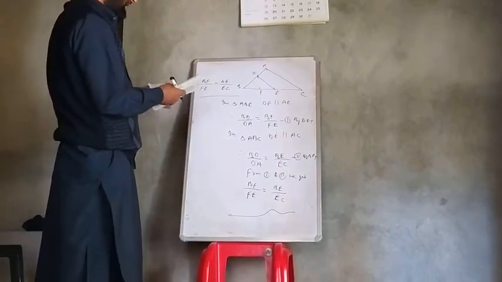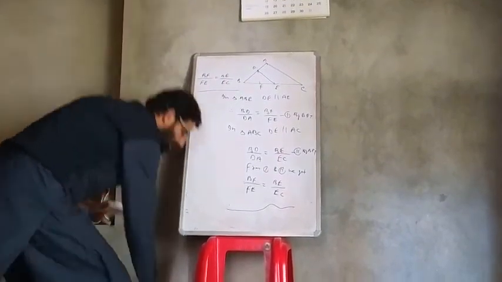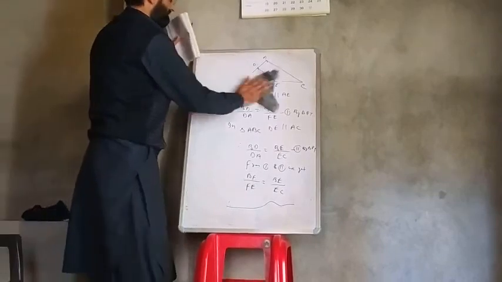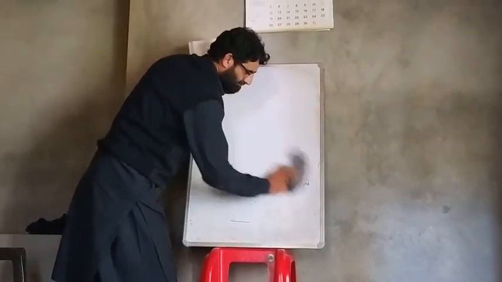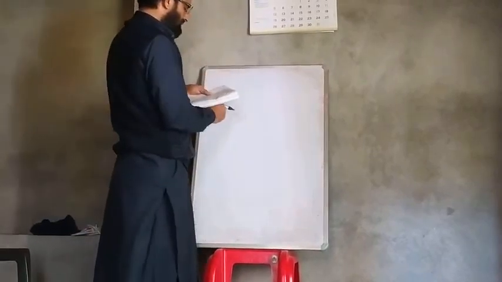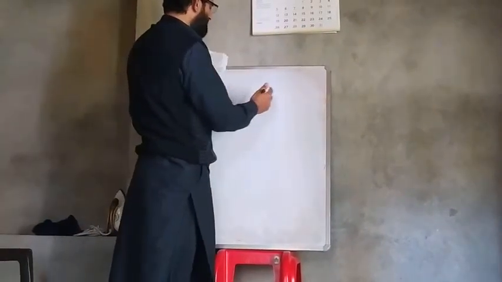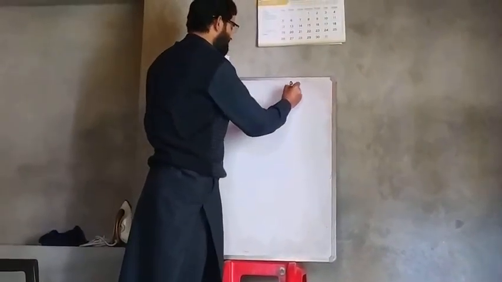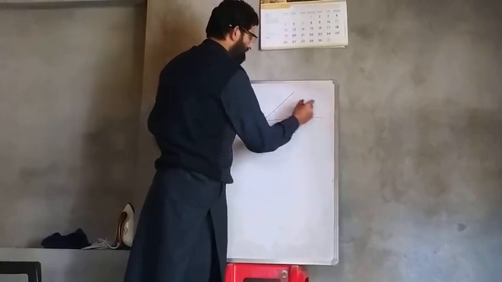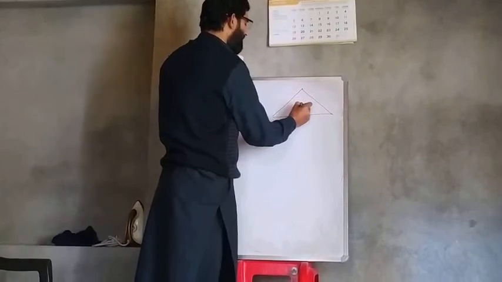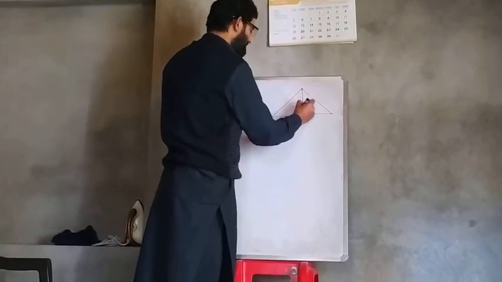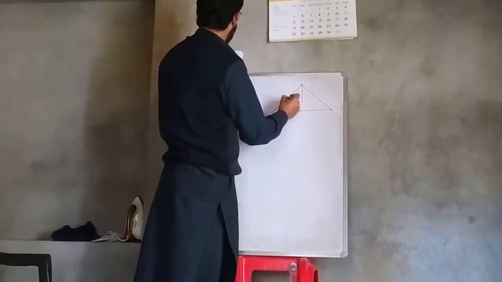Now question number 5 reads, so simple. Question number 5 is, in the adjoining figure, it is like this. Here it is a point, joined to this.